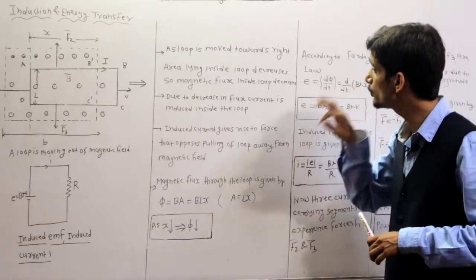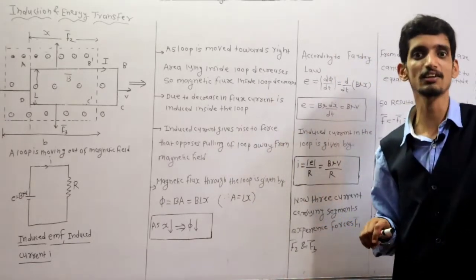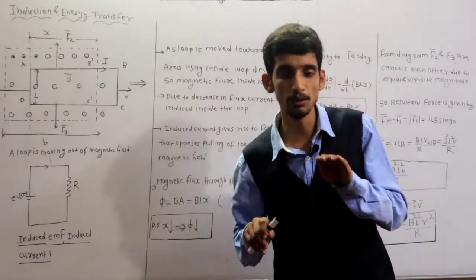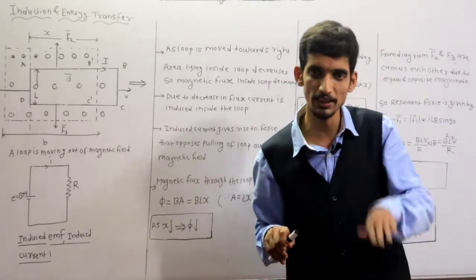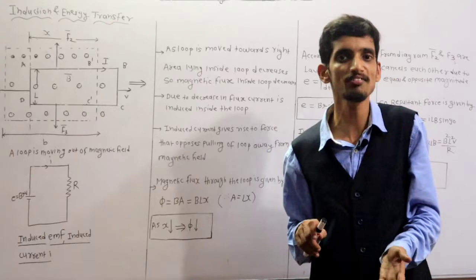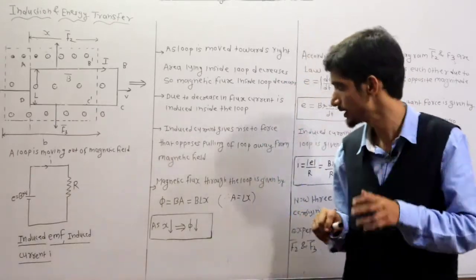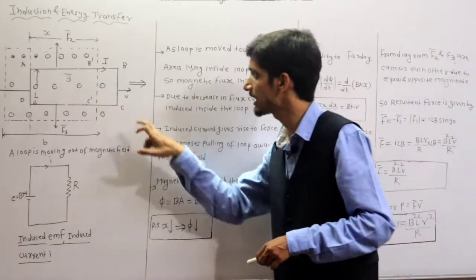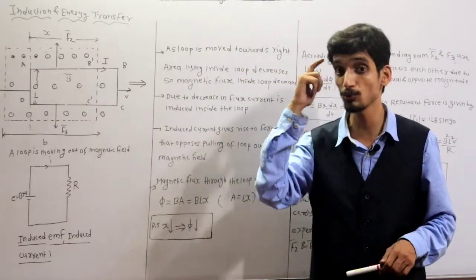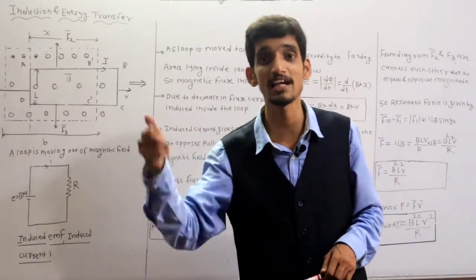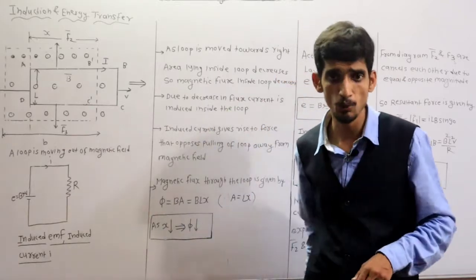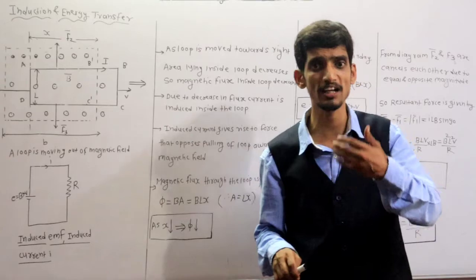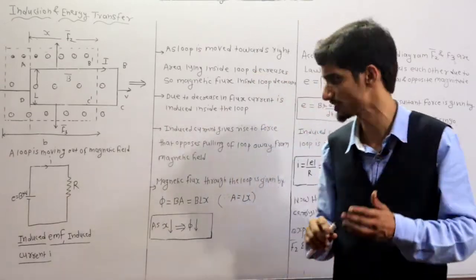Due to the decrease in flux, current is induced inside the loop. As the flux decreases, EMF is induced, and due to the induced EMF, current is produced inside the loop. Now one important point: as current is induced, those segments act as current carrying conductors placed inside the magnetic field, due to which force is experienced by those conductors.